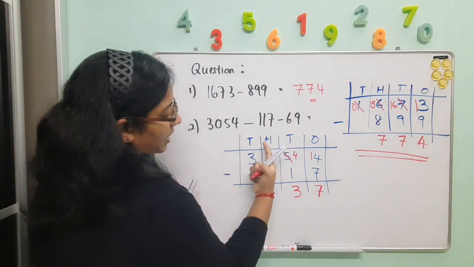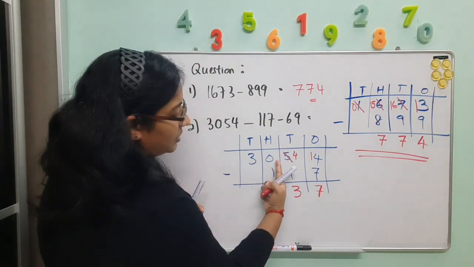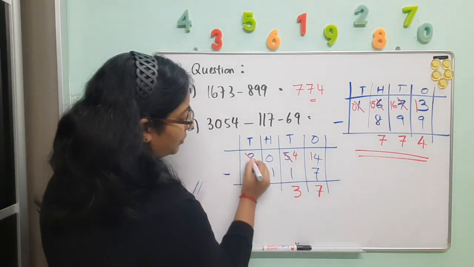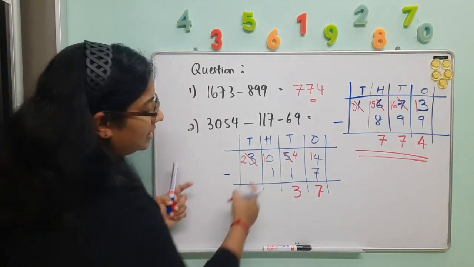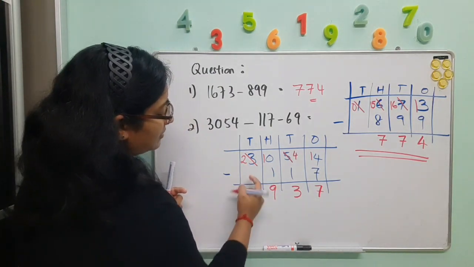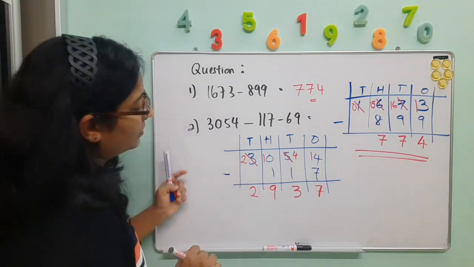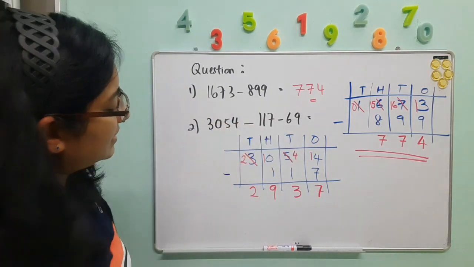Then go to the 100 place value. 0 minus 1. 0 is smaller than 1. Therefore we are going to borrow from here. This becomes 2 and this becomes 10. So 10 minus 1 is 9 and 2 minus 0 is 2. So we are done over here. Then we are going to minus 69.